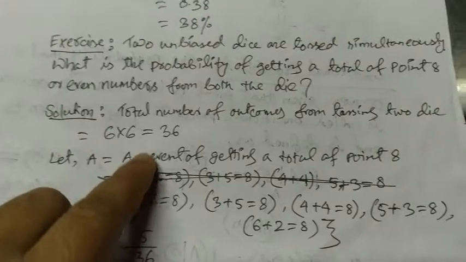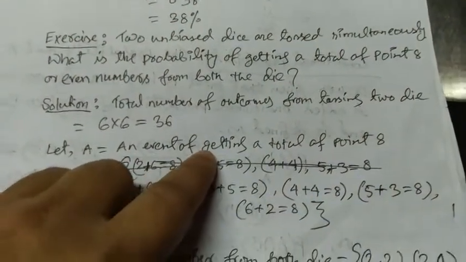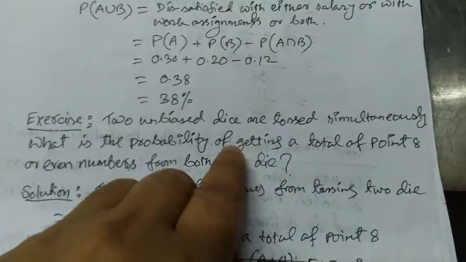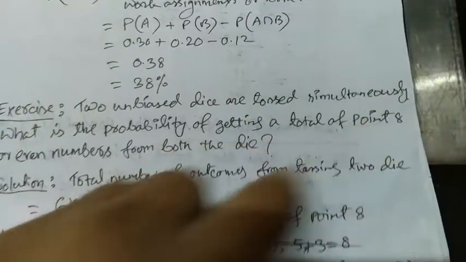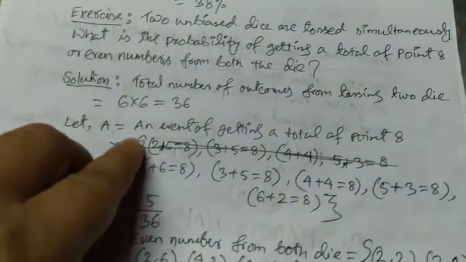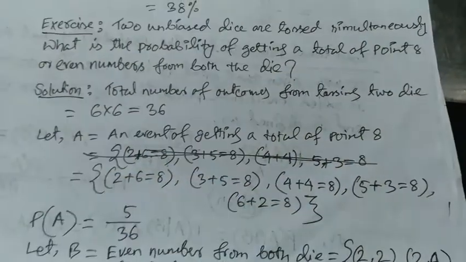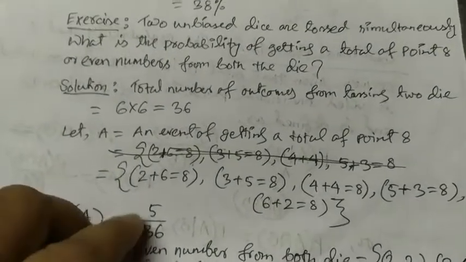So the question here, let us denote event A as the event of getting a total of 8. You can see the question is asking what is the probability of getting a total of 8. So how can we get 8 from adding 2 dice?